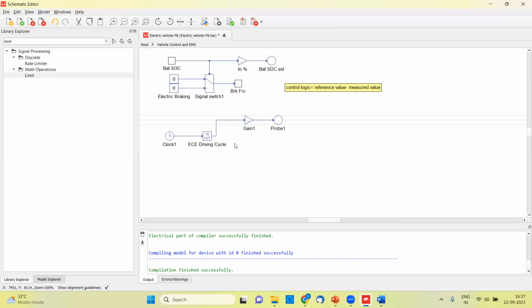Now, what is this representing? We have defined the time for which our simulation is running. We have also given the reference of the speed. Now, this is going to generate the speed according to our model time. So basically, it is the reference speed which is generated, but how do we determine the unit? So we are going to convert it to kmph.